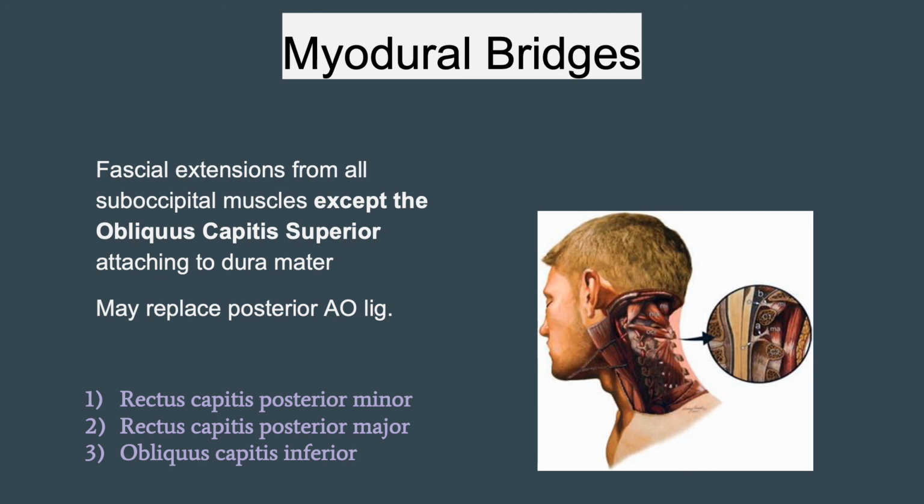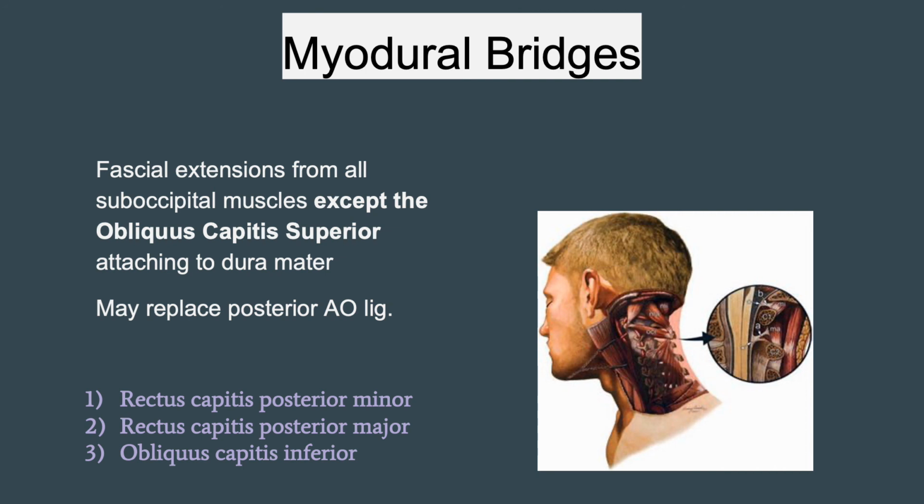I always think of all of the odd things with the suboccipital muscles occurring with the obliquus muscles. We can abbreviate the rectus muscles as RCP minor and RCP major. Those 2 are pretty consistent; they do all the things. But the obliquus capitis superior doesn't form a myodural bridge, and it's located more superiorly, obviously.